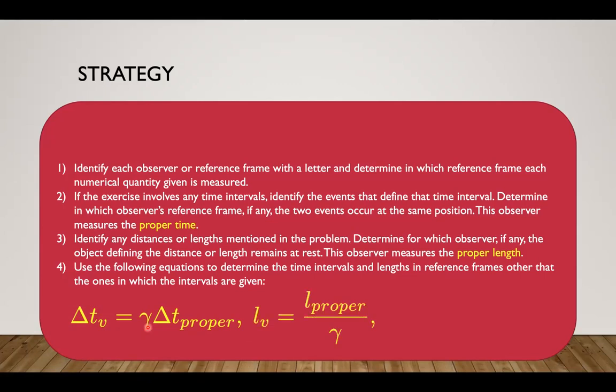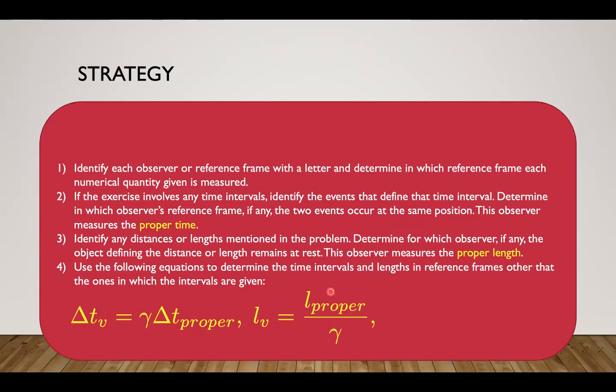If you have a length, the proper length, where the observer sees, let's say, a ruler that measures 1 foot, and an observer is moving fast with a speed relative to that object, they would see that object get smaller.